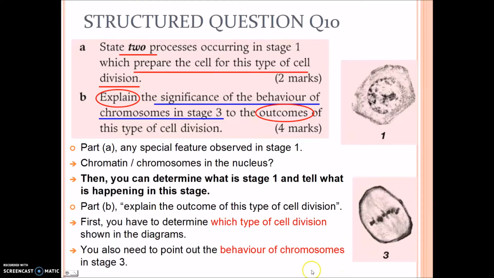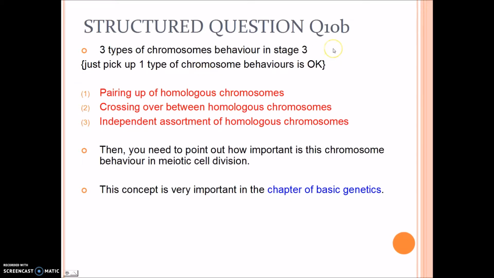So what is the behavior of the chromosome? That's the concept, that's the hint. I want to tell you more, and actually that will be very useful for you to answer question 10 part B. There are 3 types of chromosome behavior in stage 3.